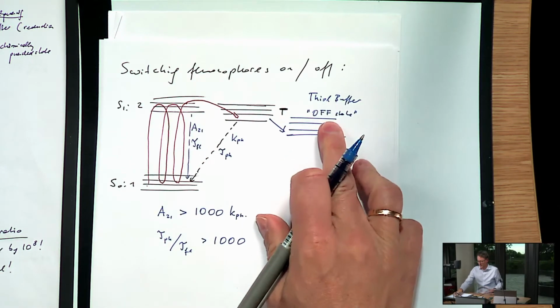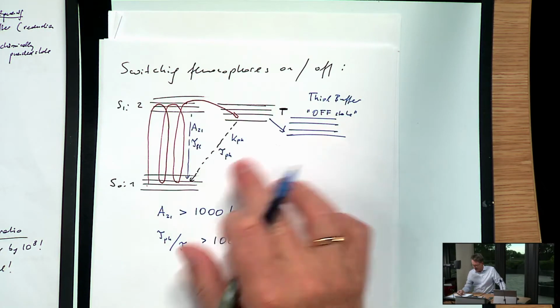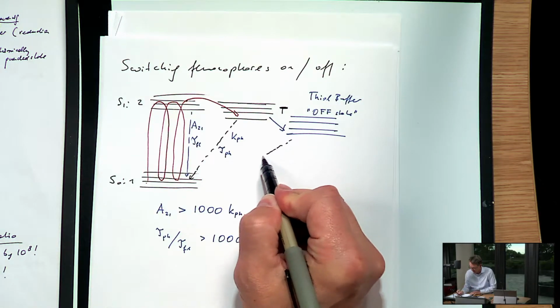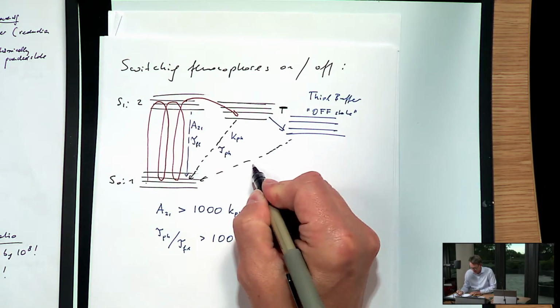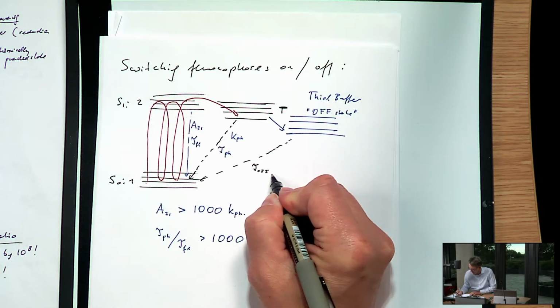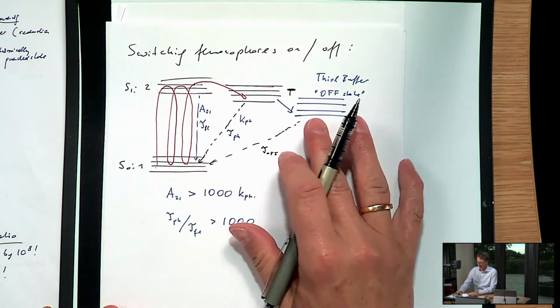In this state, the fluorophore really does not come back down. So now, from this off state, let's call this T off, to return from this state we now have an enormously long-lived state.